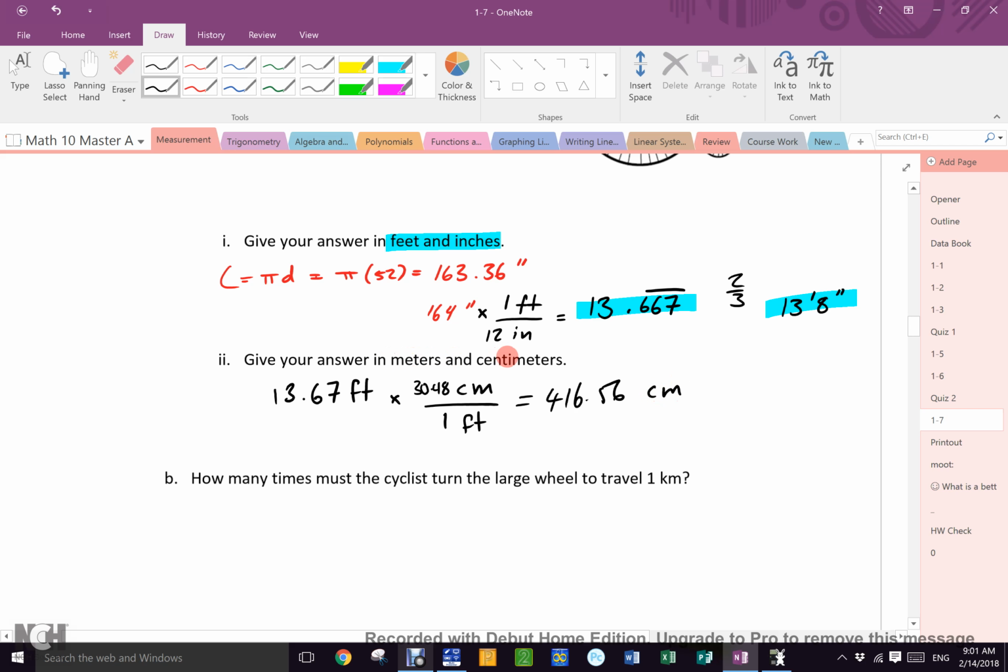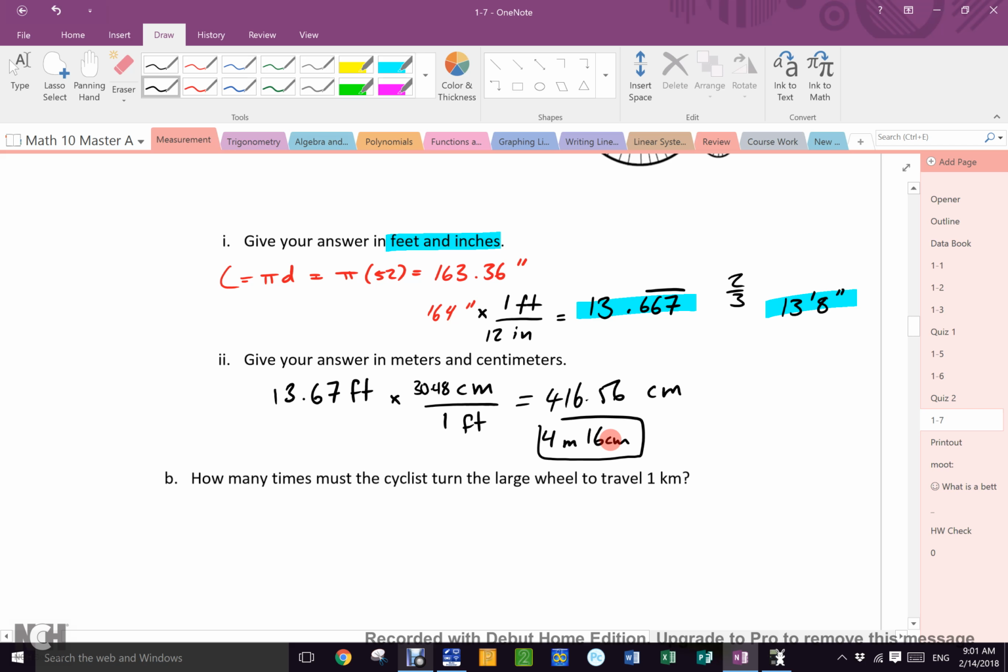I want meters and centimeters. To go from meters to centimeters, where does that decimal have to go? How many spaces does it move? 2. In which direction? To the left. 4 meters, 16 centimeters. There.